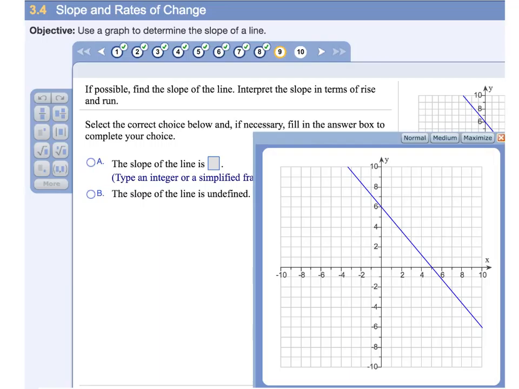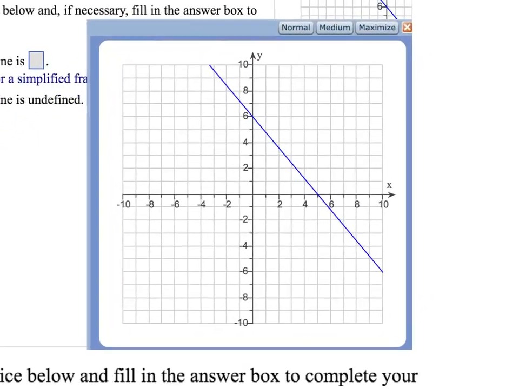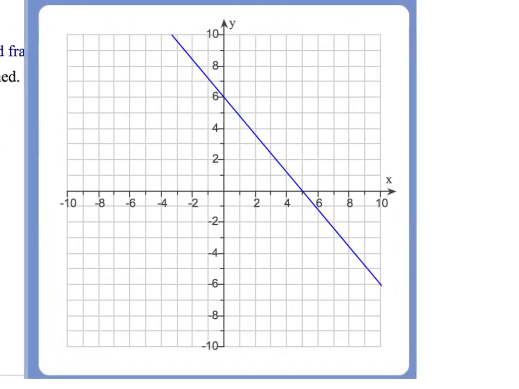And one last problem, finding the slope by using the graph. And so what we're going to do is zoom in. Now on this one, I happen to notice that there's an x-intercept and a y-intercept. So let's use those as our 2 points.